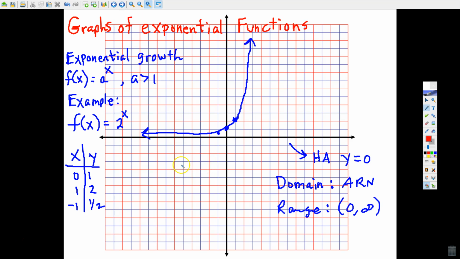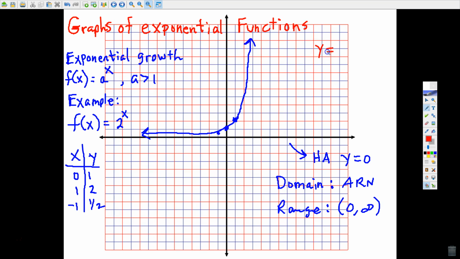Let me just run through, this is a review of graphing. In this case, I'm showing exponential growth, and the number that's immediately below x, I'm using the variable a in this case.